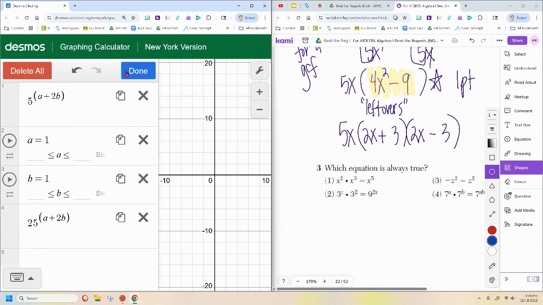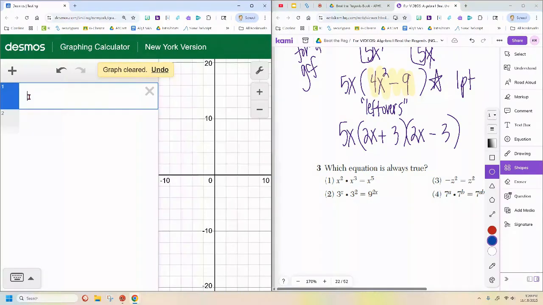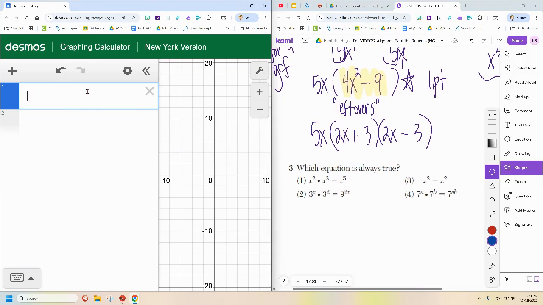Okay, there we go. So I'm just going to clear all this. Okay, and I'm going to start with choice 4, which is 7^A times 7^B equals 7^AB. And nothing is showing up anywhere, and there's this.